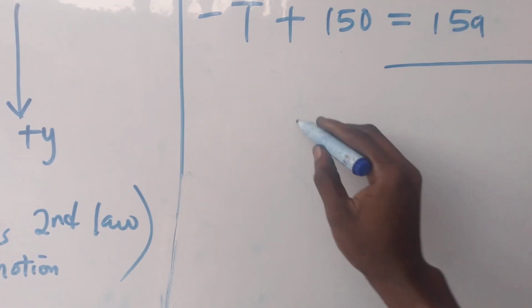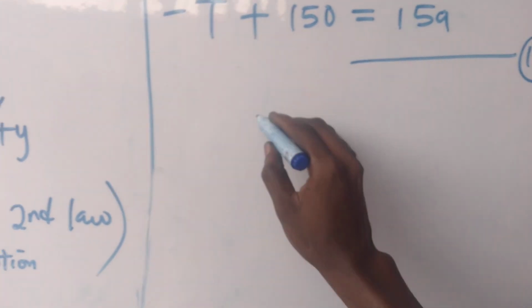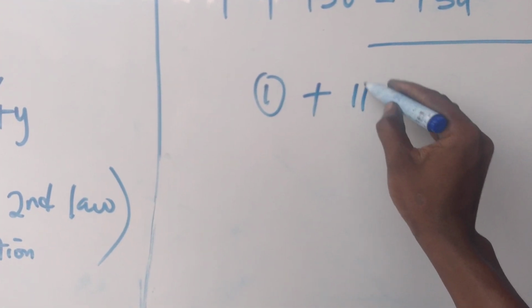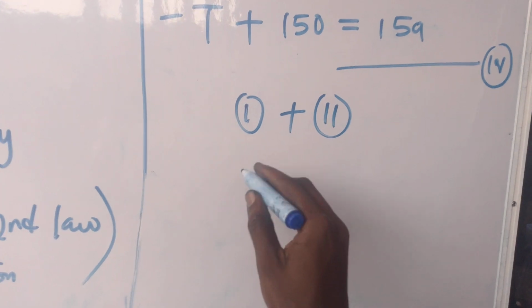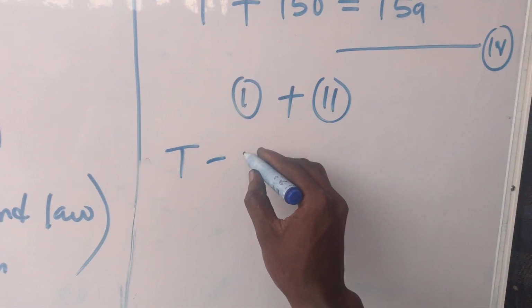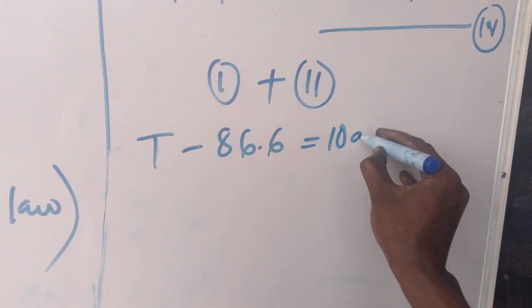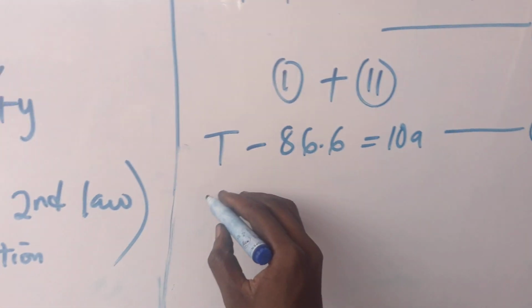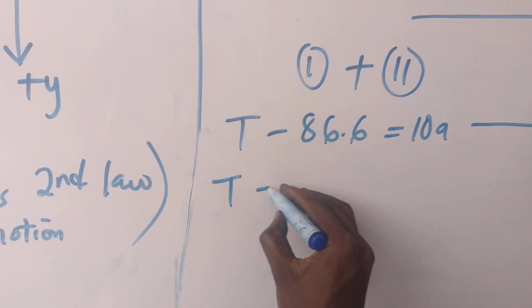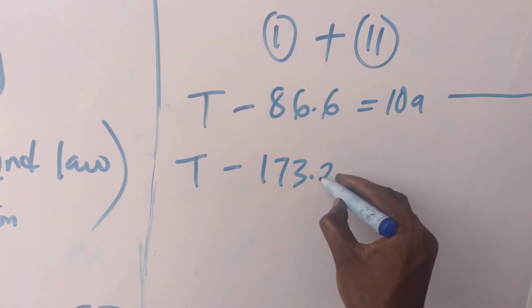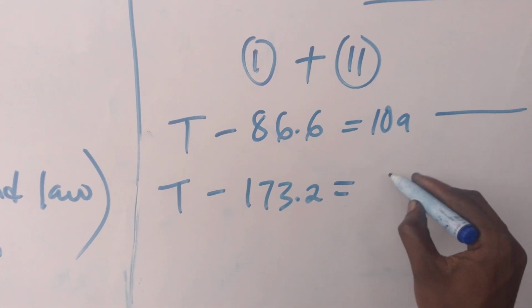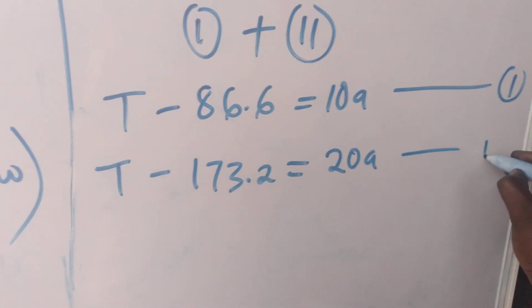So let's add the two equations. That is equation 1 plus equation 2. Equation 1 gave us T minus 86.6 equals 10a, and equation 2 gave us T minus 173.2 equals 20a.